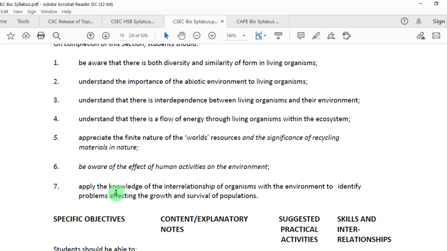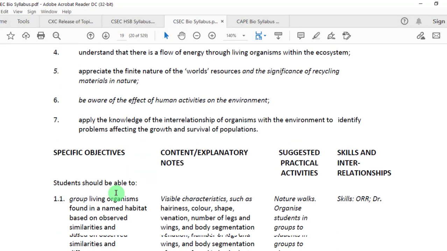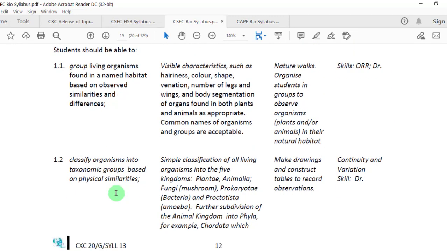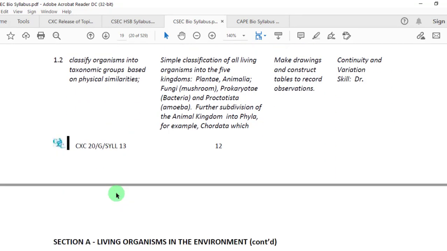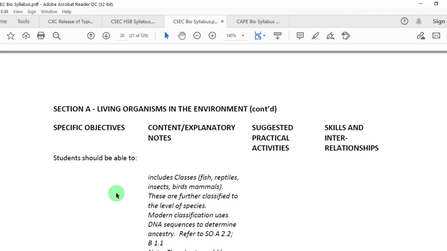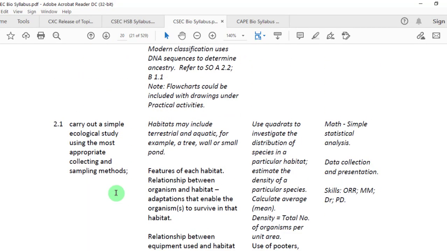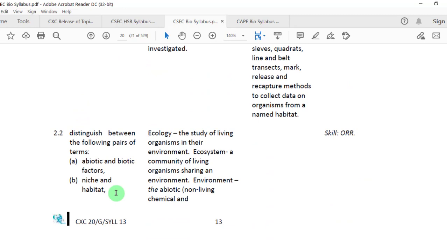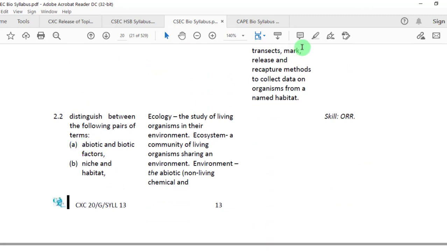Well, the second topic in our list is biotic and abiotic. What does that refer to? Well, in this case, you have to go by objectives now. So we're going down, down, down. See? So here's your first reference to abiotic and biotic.